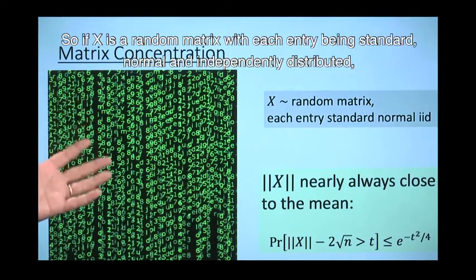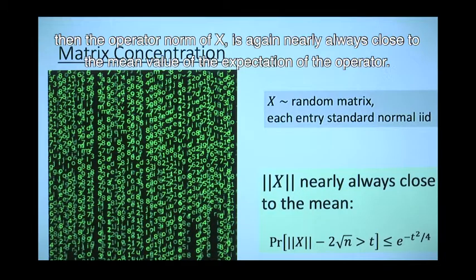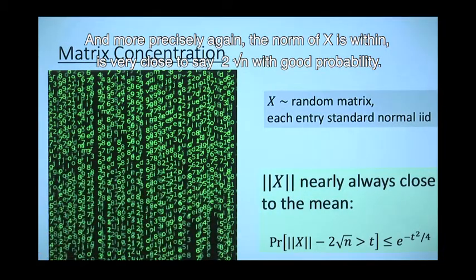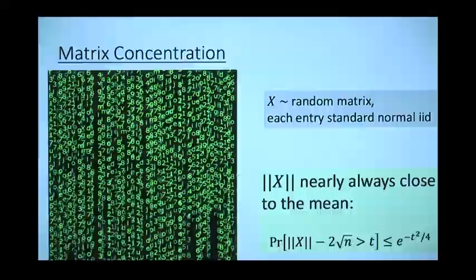If x is a random matrix with each entry being standard normal and independently distributed, then the operator norm of x is again nearly always close to the mean value, the expectation of the operator norm. And more precisely, again, the norm of x is very close to say 2 root n with good probability.